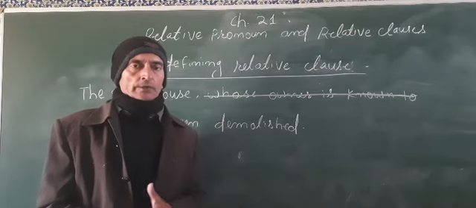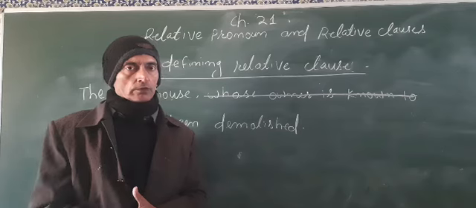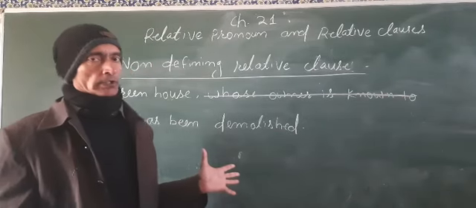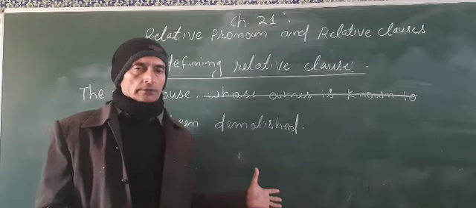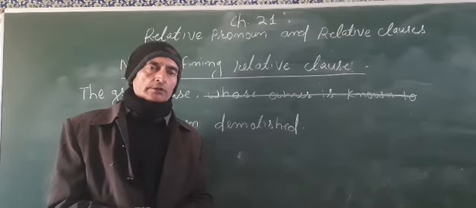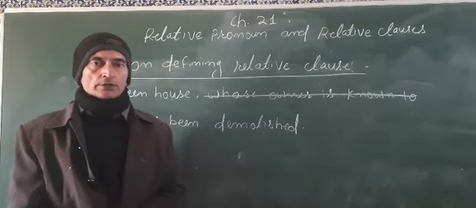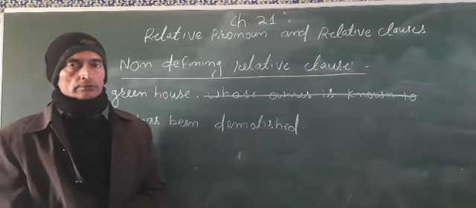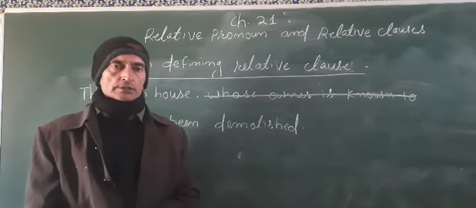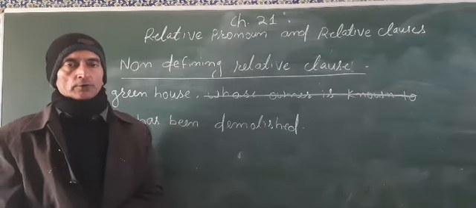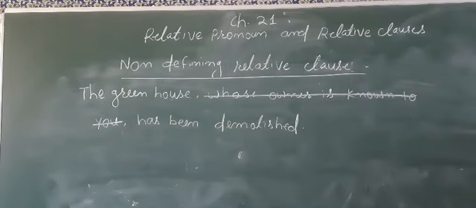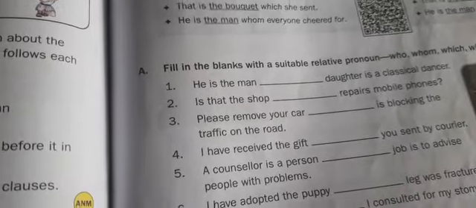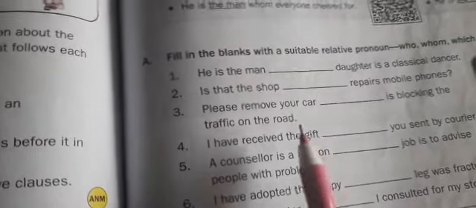Okay, student, I think you got everything about what I told you today about non-defining clauses, and yesterday I told you about defining clauses. Now, student, I am going to complete the exercise in PDF format. I am going to make you understand this exercise.